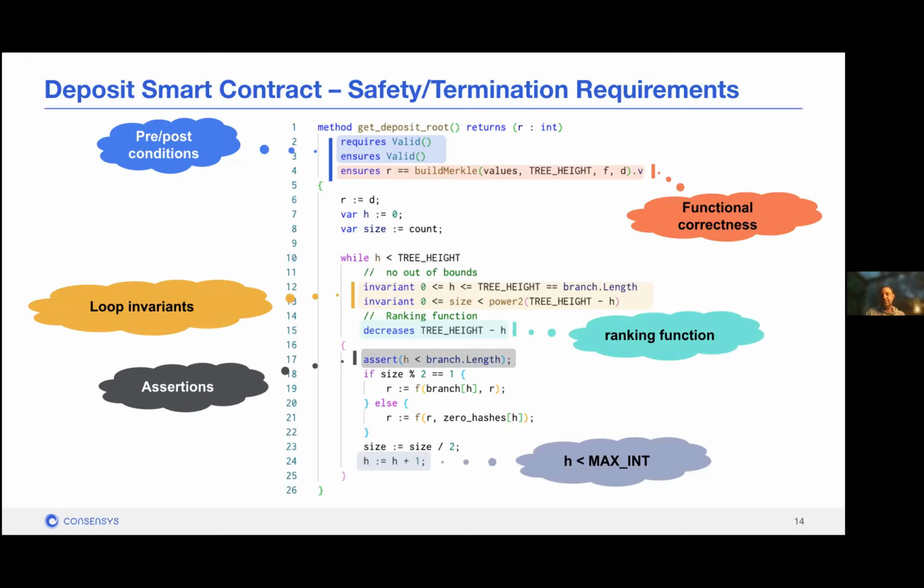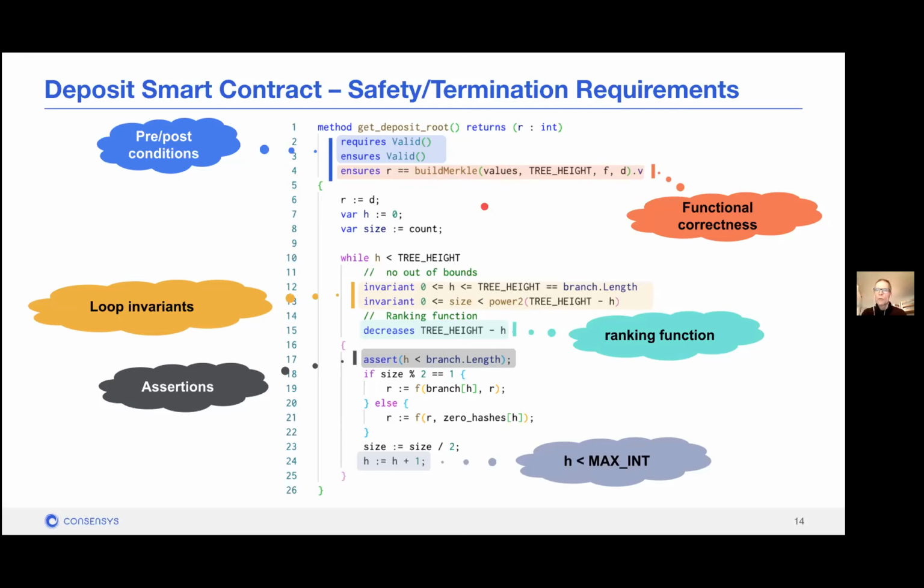We could execute it, but we don't. And this build Merkle function simulates the computation of the root hash of a Merkle tree. It's written in Dafny, but it's not used in the actual smart contracts.